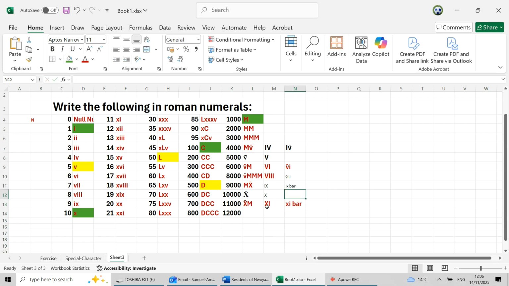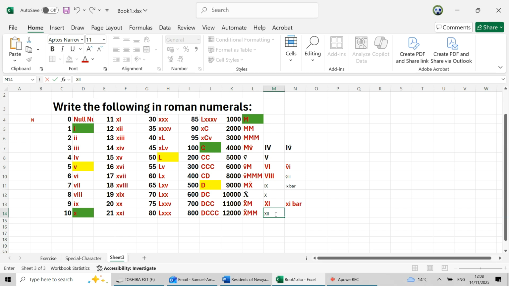And then for 12,000 we write 10,000 plus 1,000 plus another 1,000 will give us 12,000. Or the modern way, they can write capital X, which symbolizes 10 times 1,000, and then double I. Capital I means 1,000, 1,000.